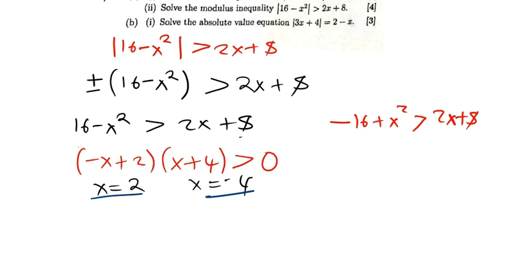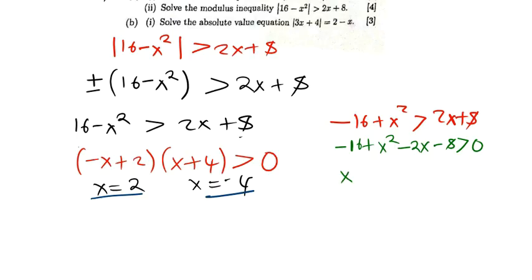Let's work on the other side so that we combine everything in a single table to make things faster. Alright. So what we have is negative 16 plus x squared minus 2x minus 8 greater than 0.